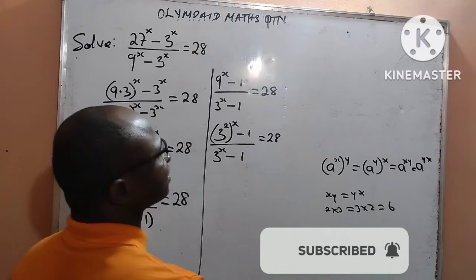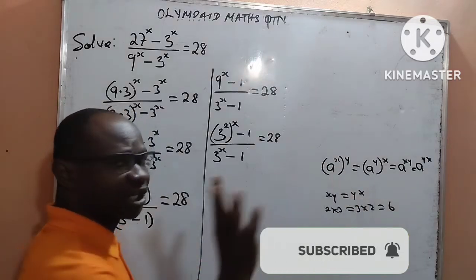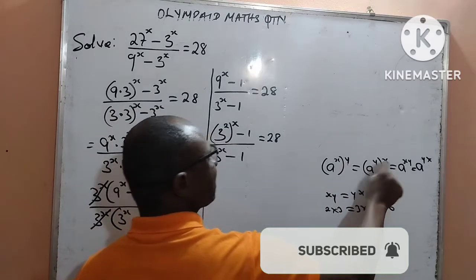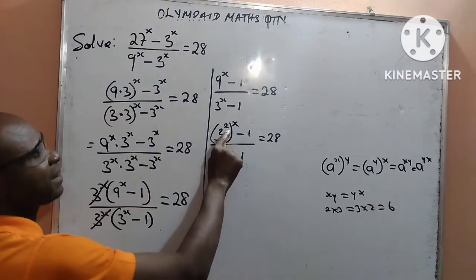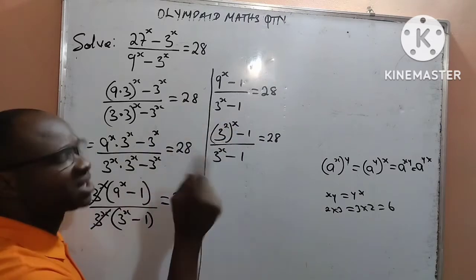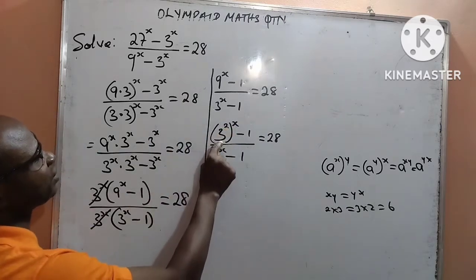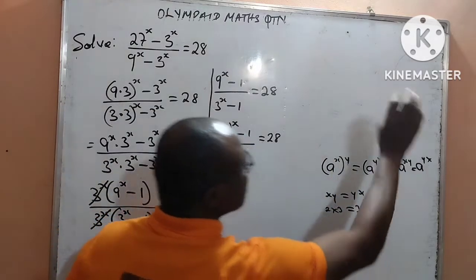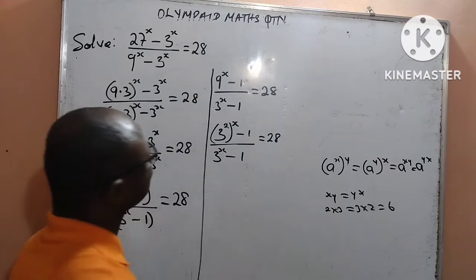What we are saying is that if I interchange the position of x and y to become yx, the same thing can be applied to my (3^2)^x. Interchanging them, I shall now have (3^x)^2, which is true by this law of indices.